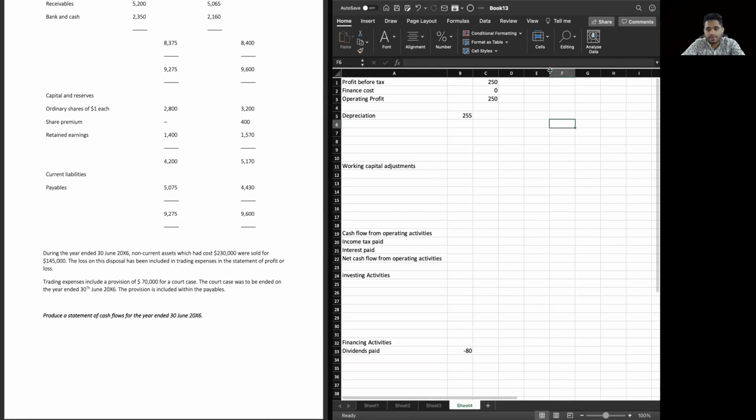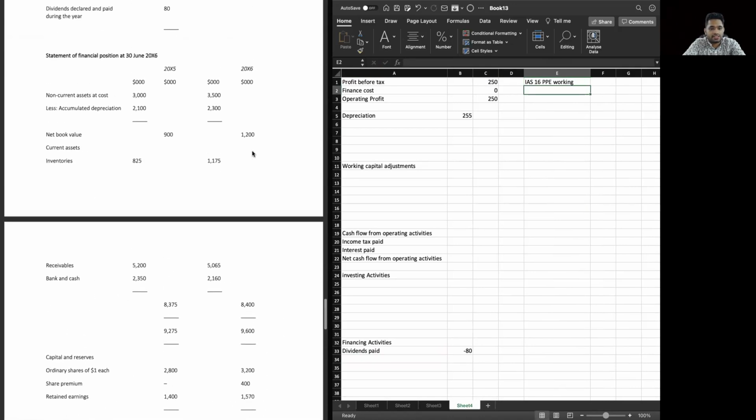Now this, I will need to open up an IAS 16 property, plant and equipment working. I need to see whether the figures are given to us in cost or net book value. In this question, it is given to us in cost. So there's going to be two sections on this working: one section to calculate the cost, the other section to calculate the accumulated depreciation.